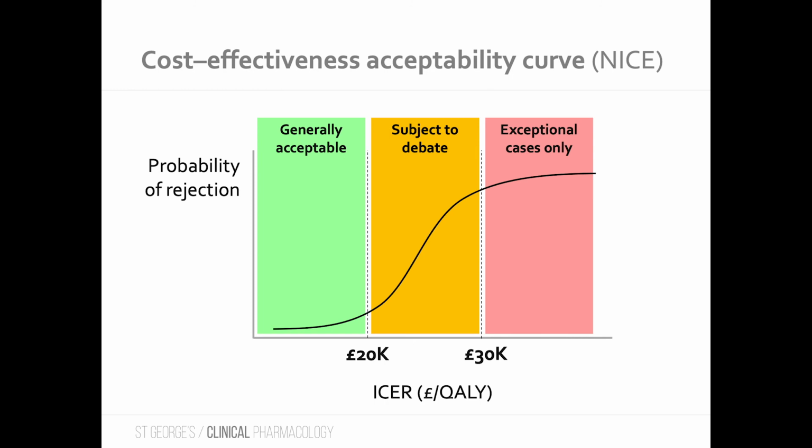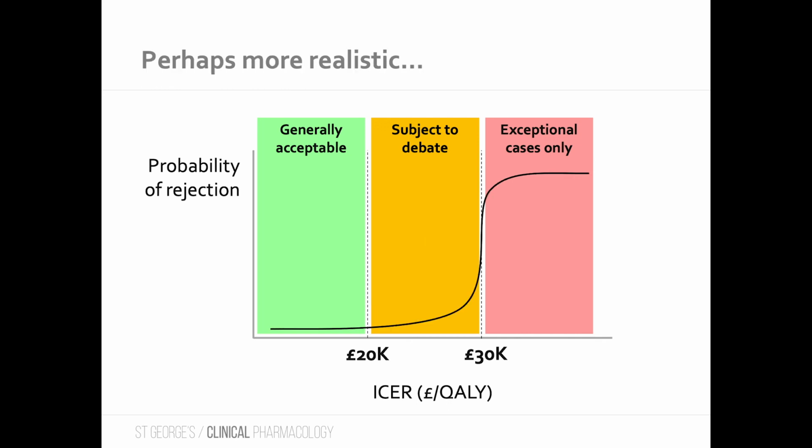So this is a kind of graph that you will see presented in things talking about NICE and the likelihood of NICE recommending treatments. So the idea being that a treatment that comes in at a cost-effectiveness ratio of less than £20,000 per QALY is very likely to be accepted. Something that costs more than £30,000 per QALY is very unlikely to be recommended, and there is a range in between of increasing probability of rejection.